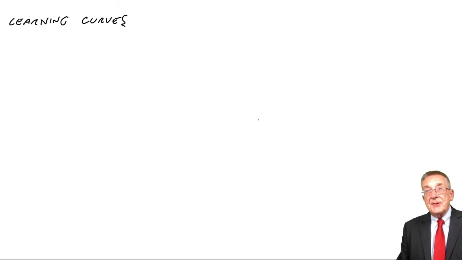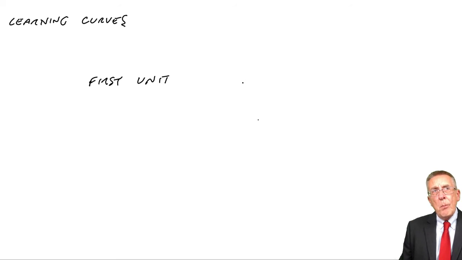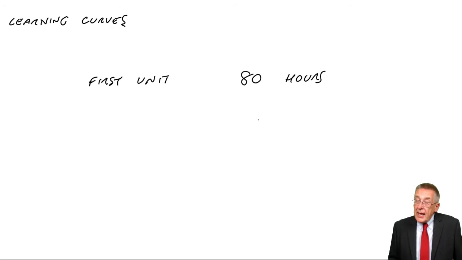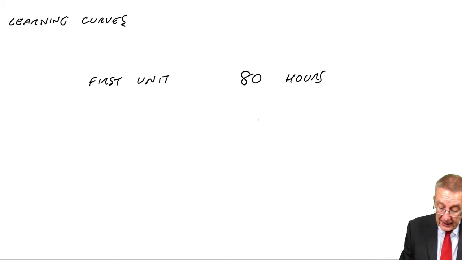Suppose I'm starting to make desks, and we make one, and so the first unit takes, let's say, 80 hours. I then get them to make a second one, and of course you expect them to be faster.